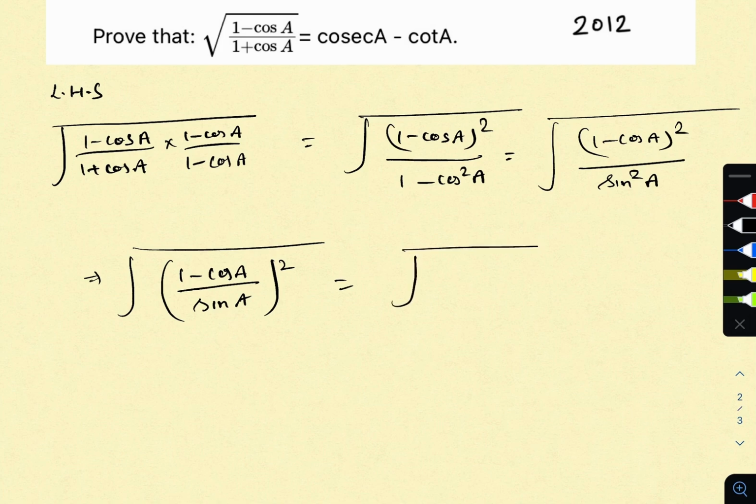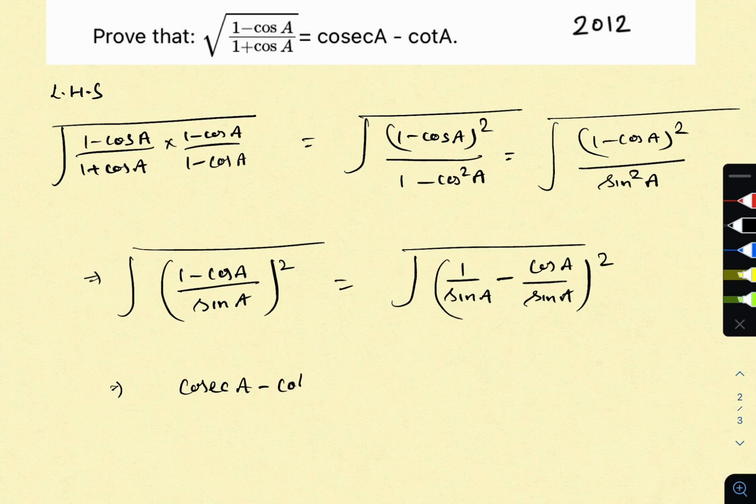Now separate the terms, so it will be 1 upon sin A minus cos A upon sin A, whole square. Now here also you can cancel the square root with the square, so we will be having only 1 upon sin A, that will be cosecant A minus cot A. So this is our right hand side, and hence proved.